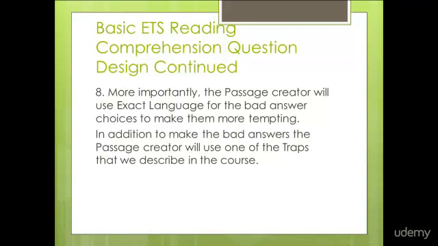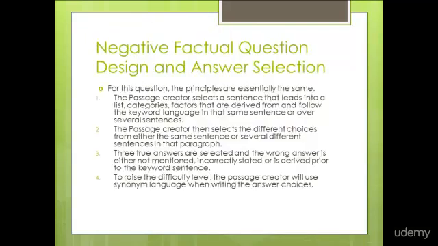When the test creator is going to make a bad answer, they use a lot of exact language because they know exact language is something that attracts students, and they have to make the trap answers look very good. They look like that big piece of cake that you can't have. For the negative factual questions, the same basic principle.